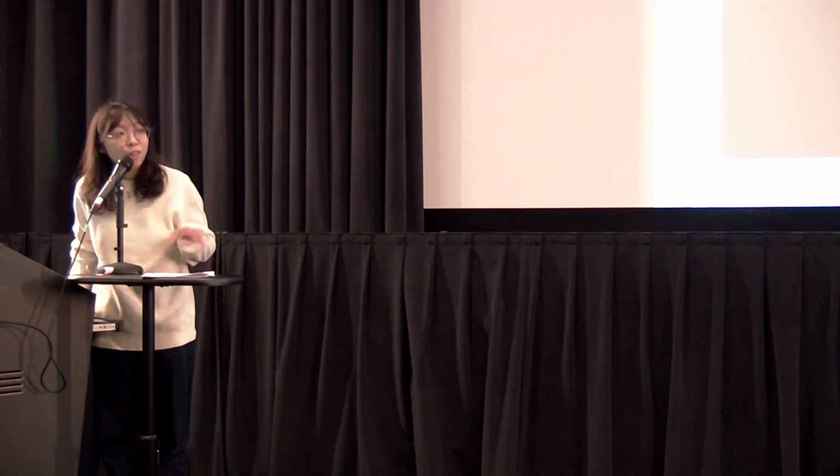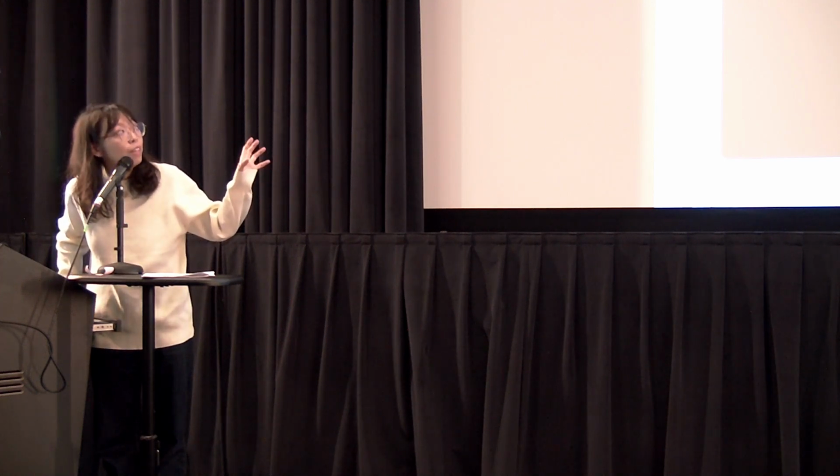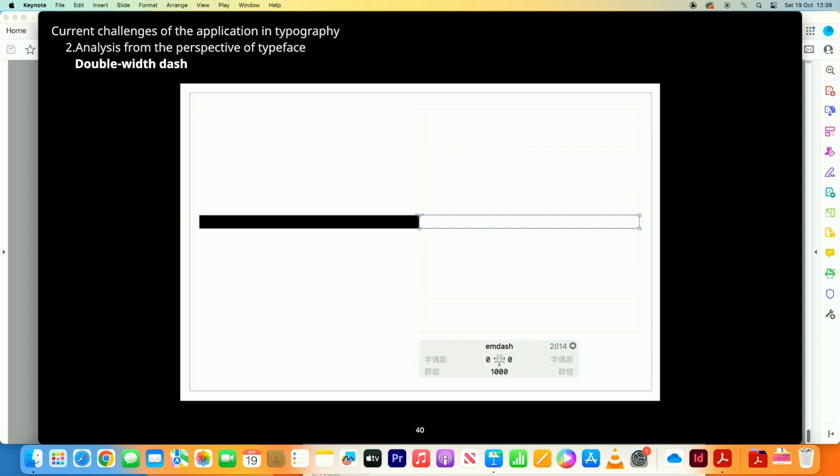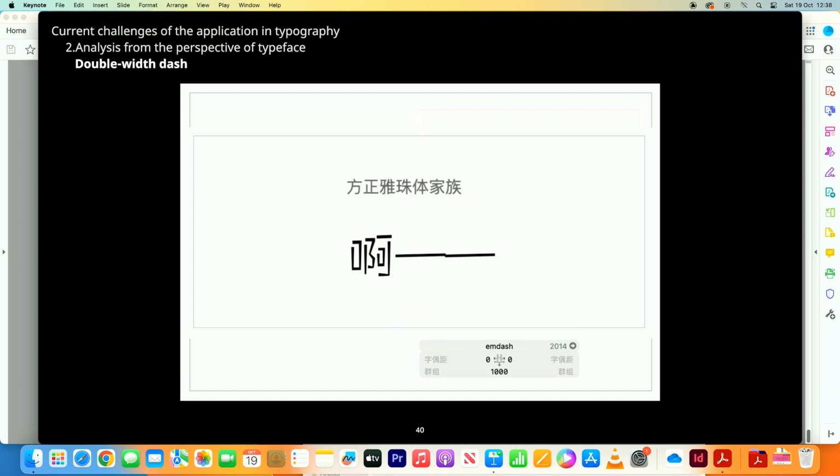Then we look at the double dash. A very common way to make the double dash now is to use a zero-spacing em dash. In most cases, it will make the double dash connect together. But when your em dash has a slight angle, it will break in the middle.